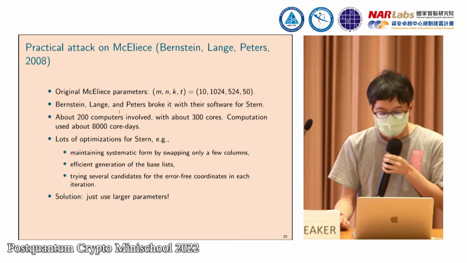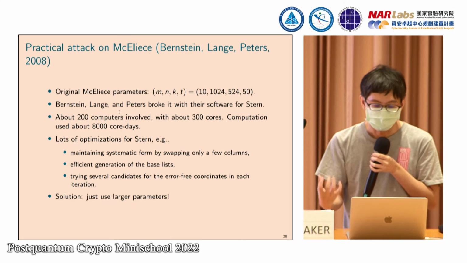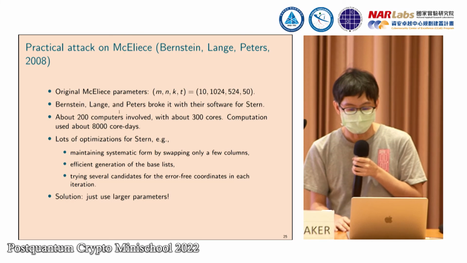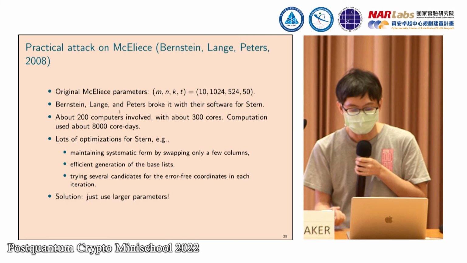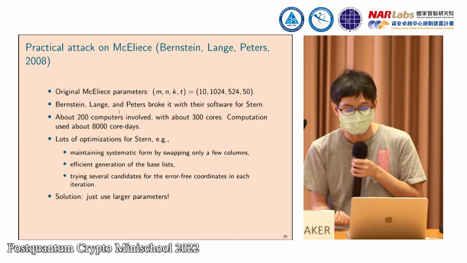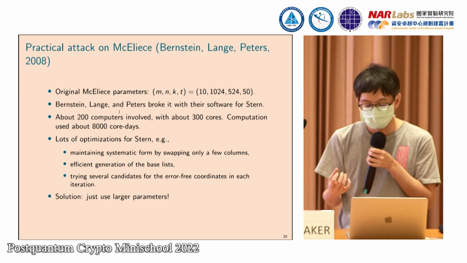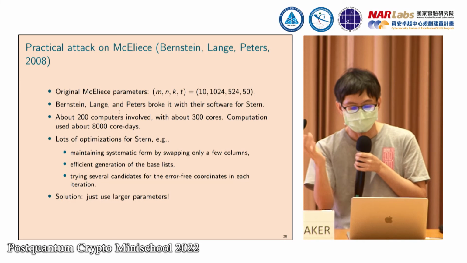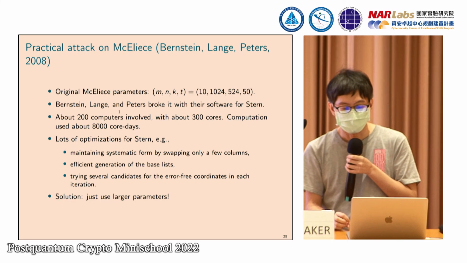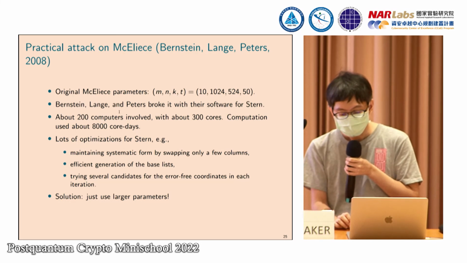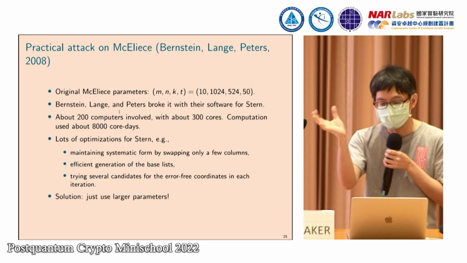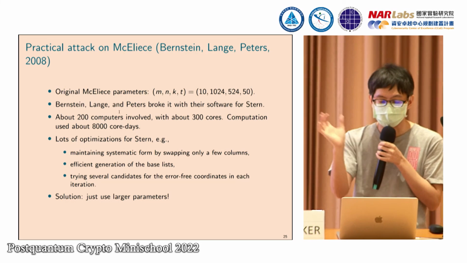And there are lots of optimizations you can do in practice. What I just described is a very basic version of the algorithms. For example, when you do the column permutations in each iteration, you don't have to do a full permutation for all the columns.